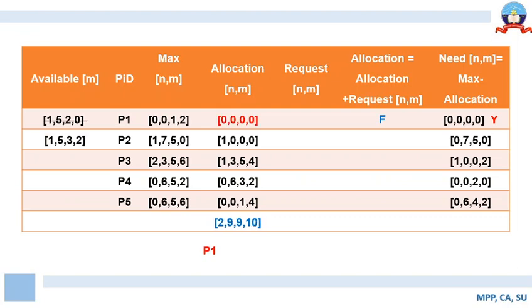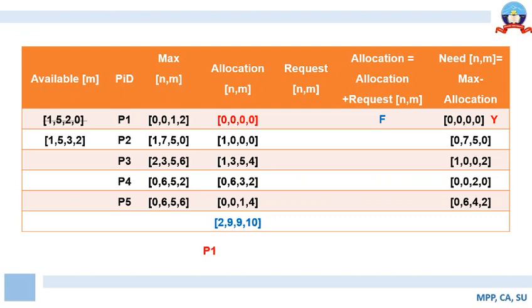So now the status of the available resources will be 1520 plus whatever was released by process P1. P1 was holding 0012 instances of resources. So 1520 plus 0012 will be 1532.